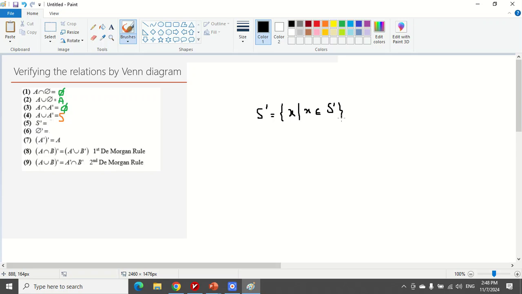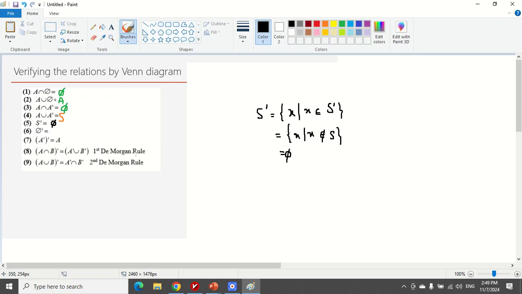And as you know, x belonging to S prime means that x should not belong to S. But S contains all possible outcomes, and if x is not belonging to S, the result should be empty. It means that there are no elements that cannot belong to S, so the result over here will be phi.